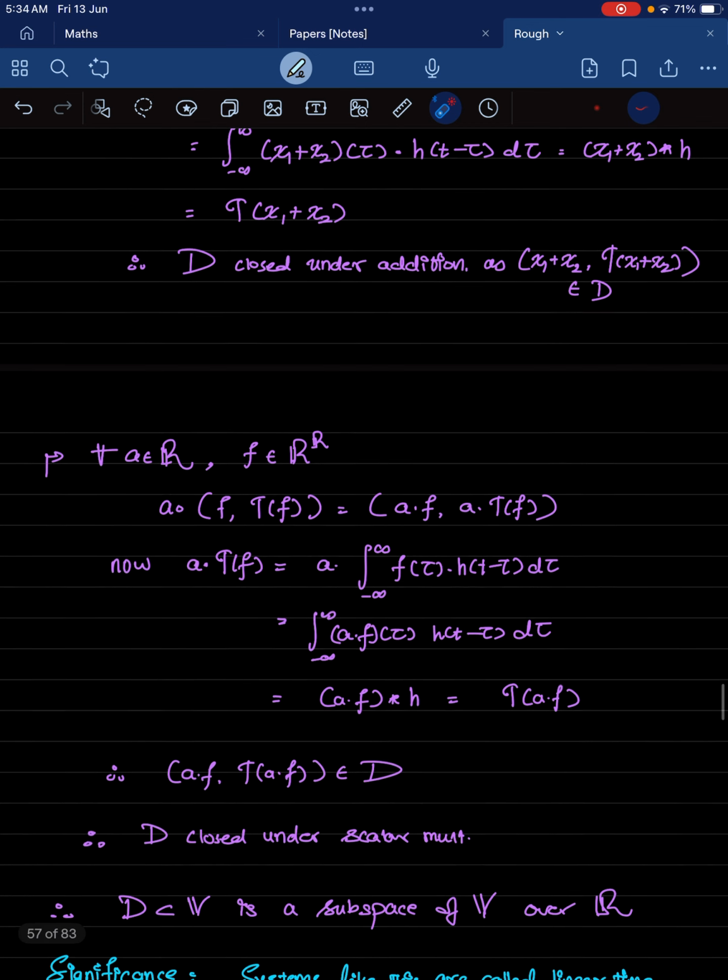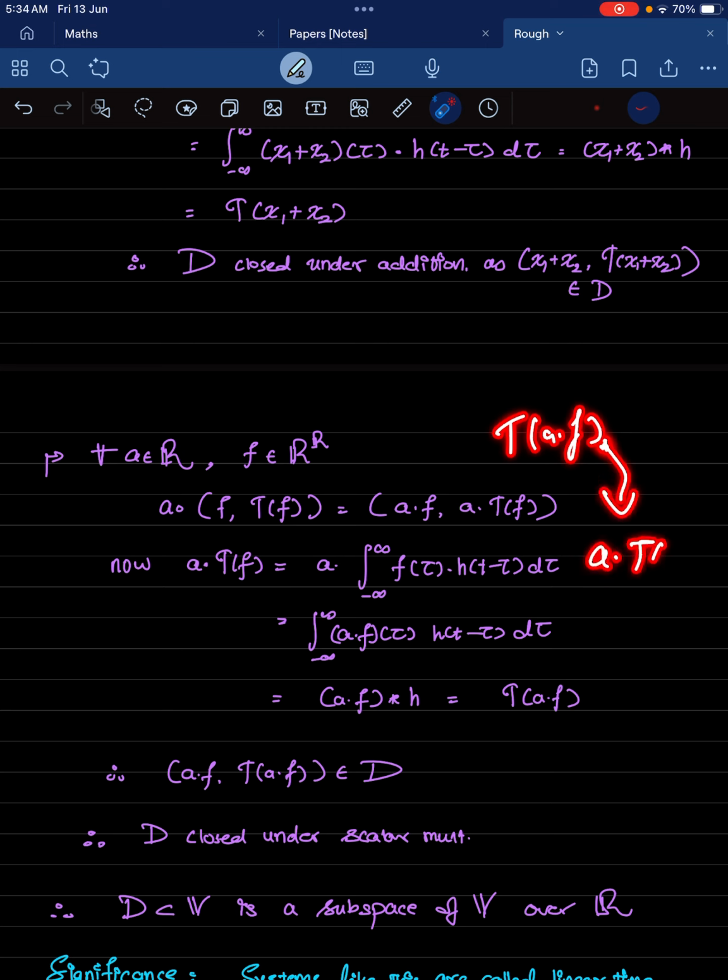This is not known, but to find that, we can just add the known outputs. That's what this is. Similarly for scalar multiplication, I already know what the output of f is going to be. It's going to be T of f. But what's the output of a times f going to be? It's obviously going to be T of a times f, but can we somehow find that using what we already know? Obviously we can. It's a times T of f. We don't have to do separate experiments or separate simulations to find what is T of a times f.